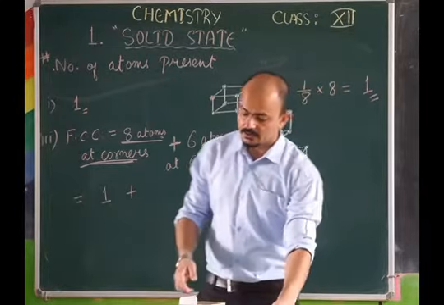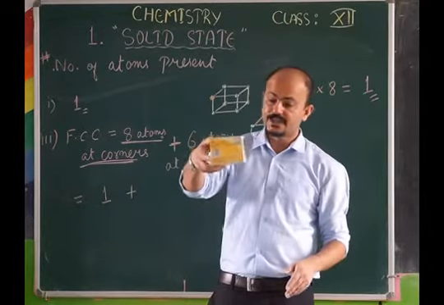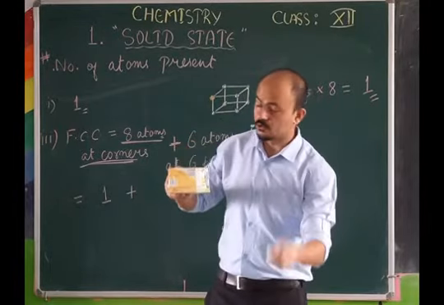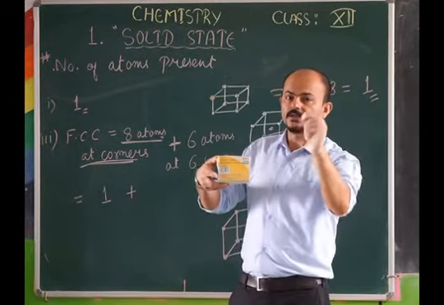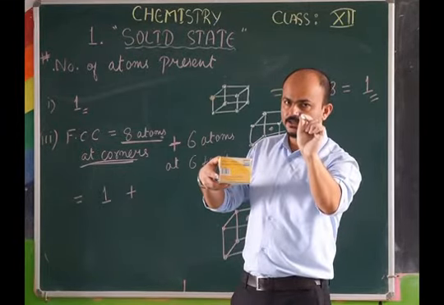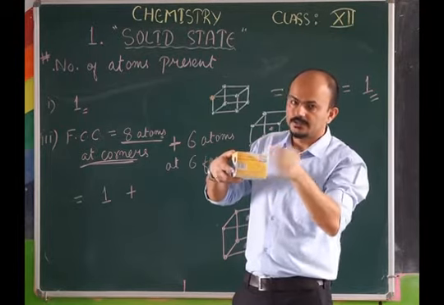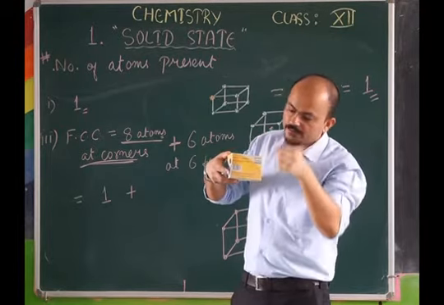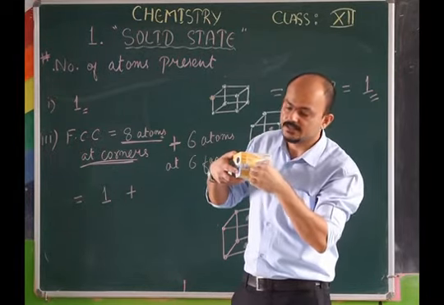Now for the 6 atoms at 6 faces, to understand, you have to take again the example of this. Suppose this constituent particle is present at the center of this face.